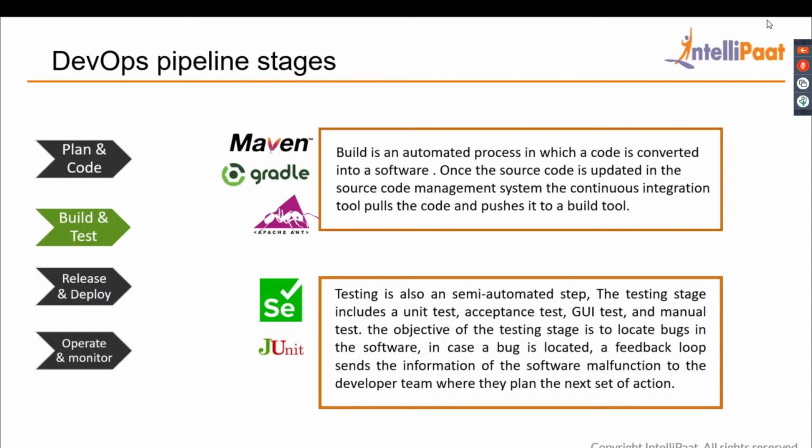In Selenium, let's say your application is running, you can create an automated test case where, if it's for a sign up page, it will automatically put in all the details and check it. And if it works properly, it will automatically pass the testing for that particular application. Okay, so this is the second stage.